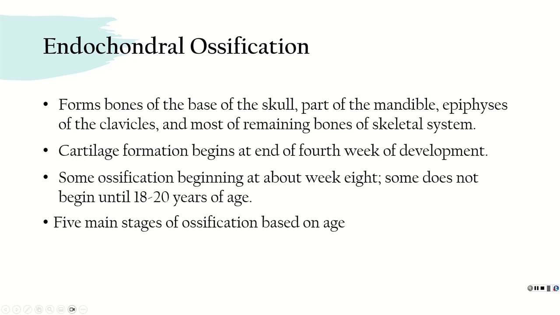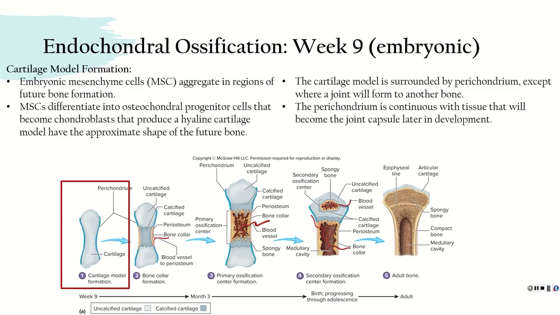And there's 5 stages of this ossification, looking at stages based on age, but it starts early off in the womb. So endochondral ossification, really ossification in the sense that it starts becoming calcified with bone hydroxyapatite crystals, week 9. So we have that perichondrium starting to form, and then most of the bone is just cartilage at this moment, right?